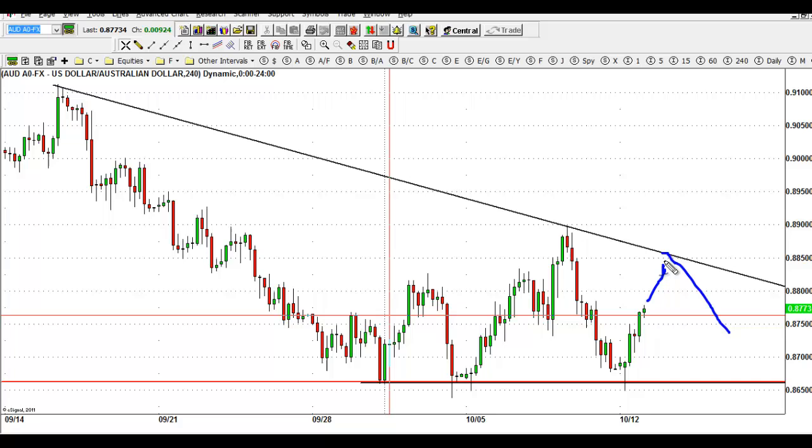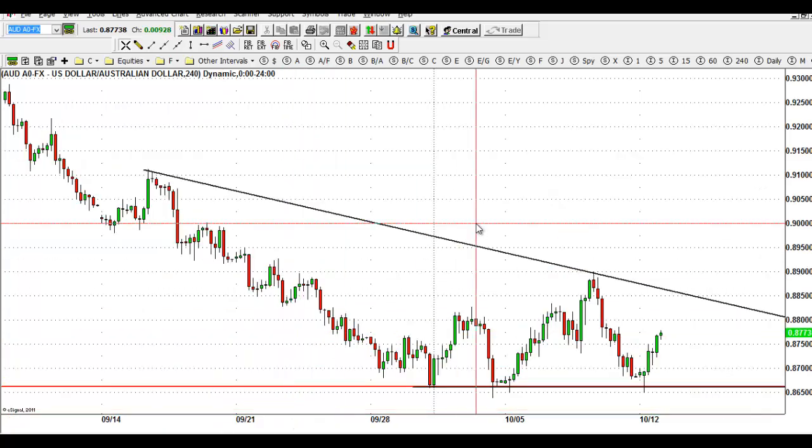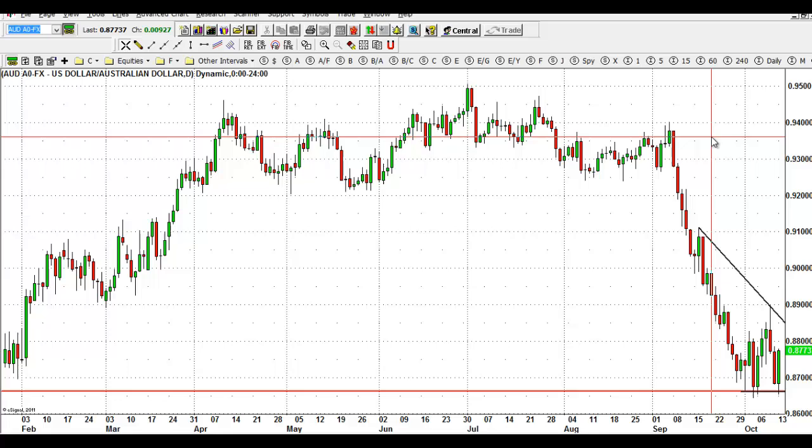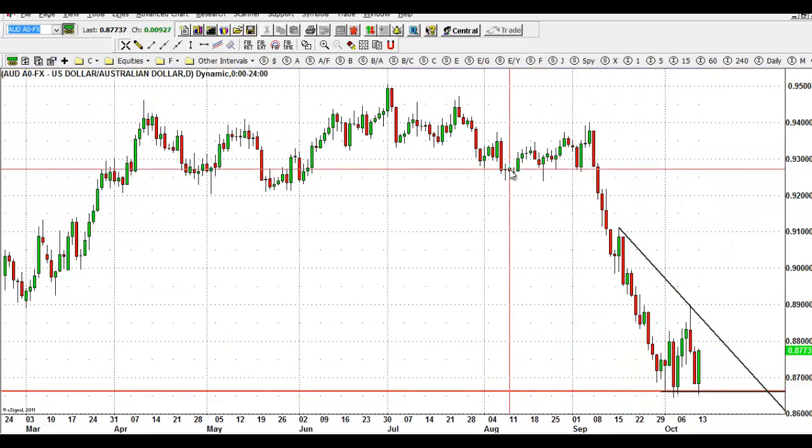So this is just projecting in the future. The market has to come up and respect the trend line and head back down for this triangular consolidation pattern to be confirmed.